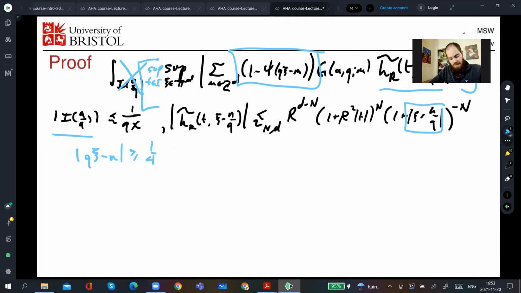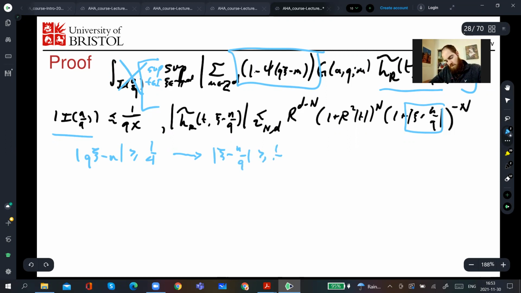So in particular, that means also c minus n over q is greater than or equal to 1 over 4q. And we can use that to sum up this bound up here over n.